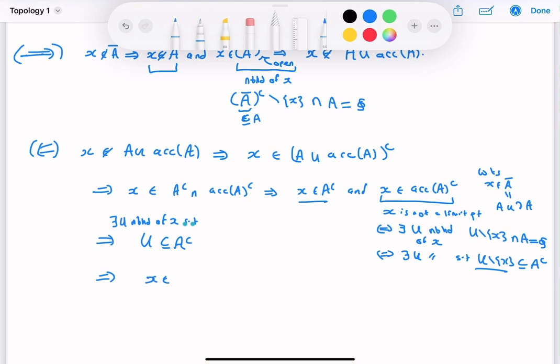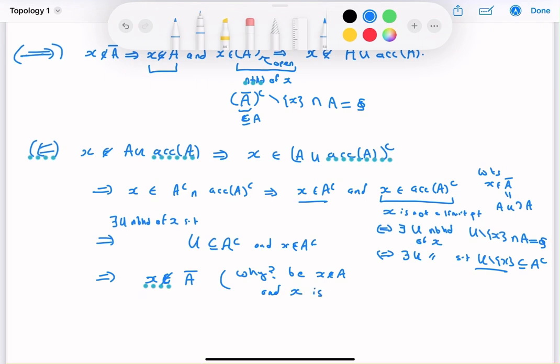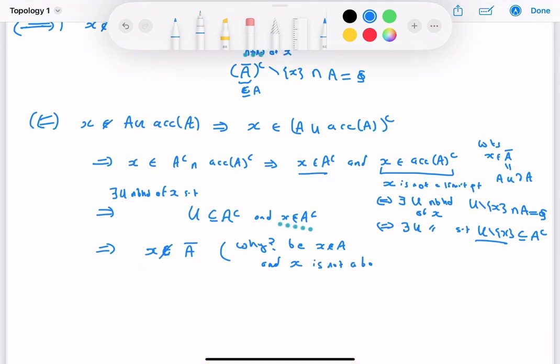So in this case, let me write it this way here. We have this so far, and this is the same thing as saying x is not in A bar. Why? Because x is not in A and x is not a boundary point. Why is it not a boundary point?